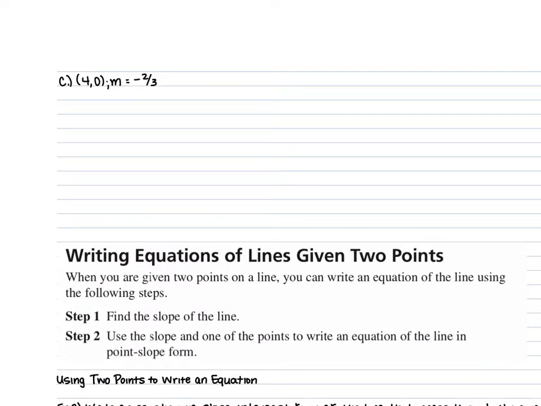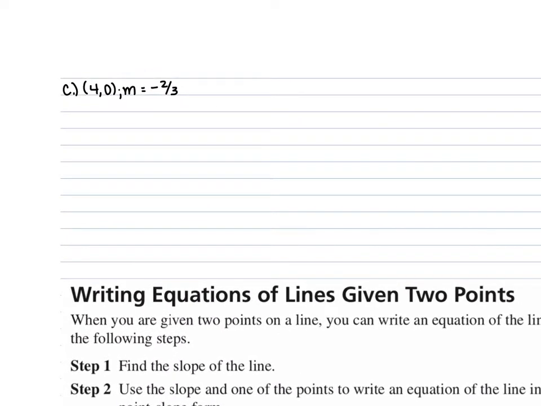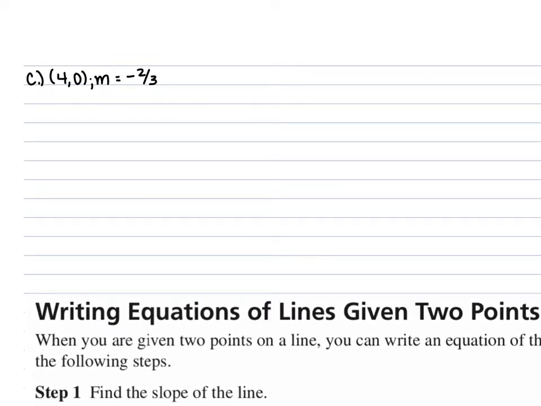For example C, we are given the ordered pair 4, 0 and a slope of -2/3. So my x1 is 4, my y1 is 0, and that m is -2/3.